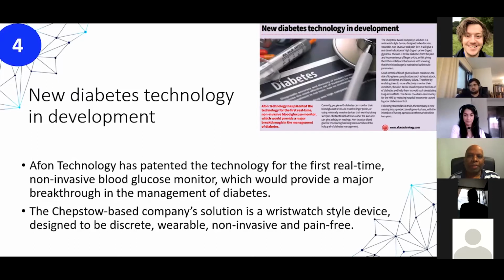But this particular company in Chepstow have come up with a very interesting solution where it's non-invasive, and you wear it like a wrist watch, and there you go. You get the data on your blood glucose level whenever, or it takes the test at regular intervals, and you can check what your blood glucose level is. So I thought that was very interesting.